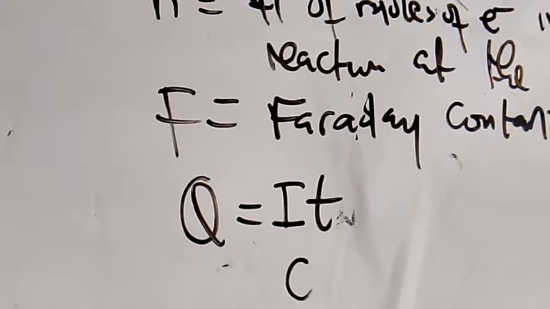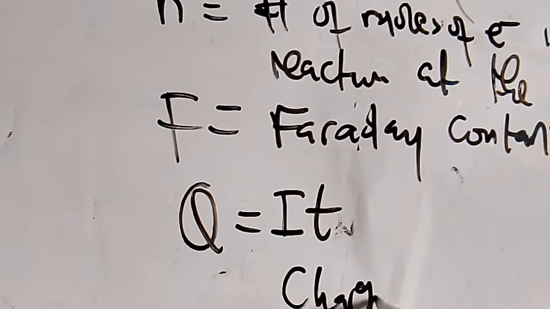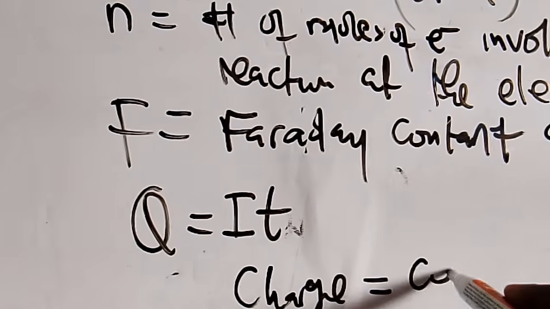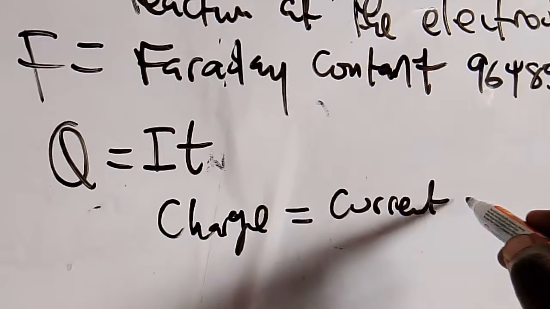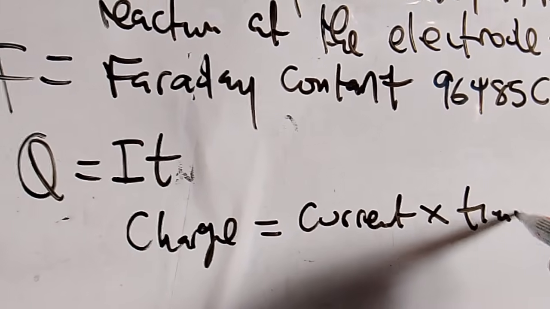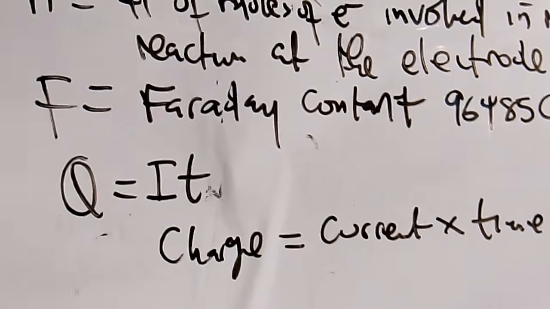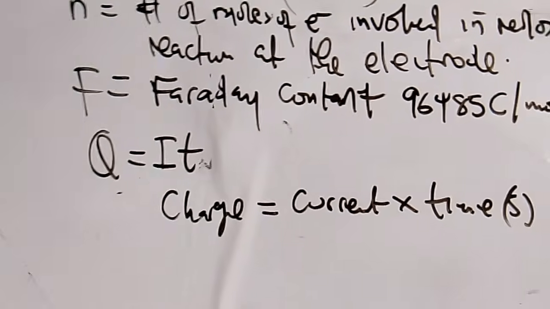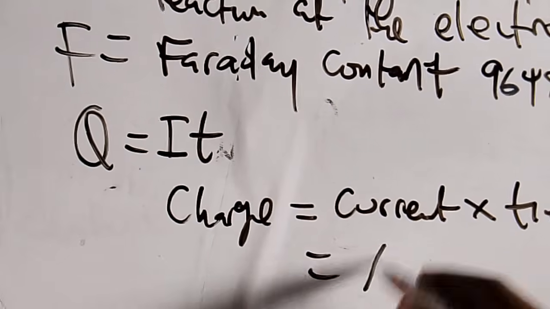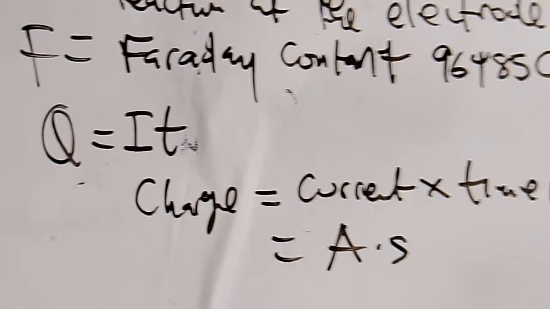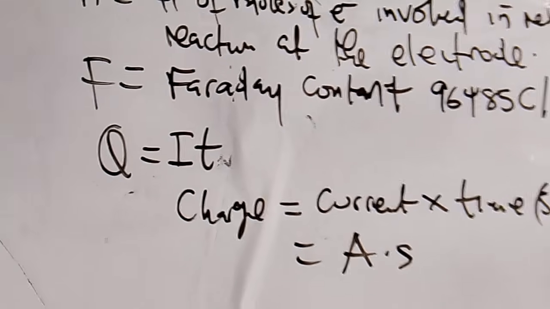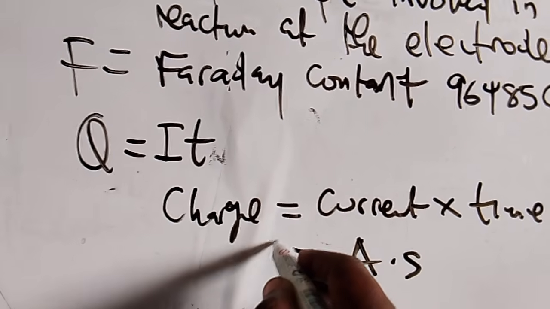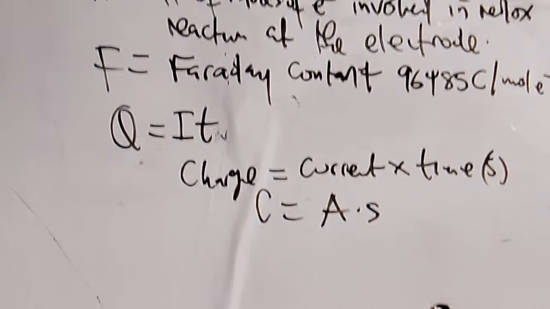So Q is charge. Charge is equal to current times time in seconds. Current is measured in amps, then time in seconds. So amp times second will give us charge.